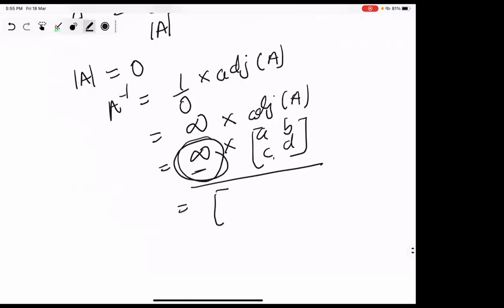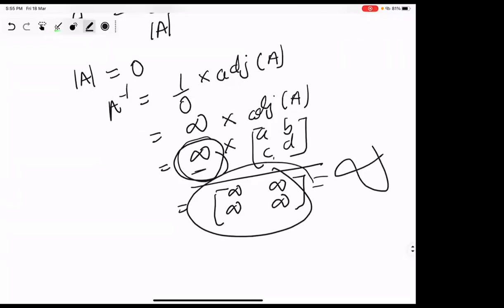So this is going to be undefined, undefined, undefined, undefined, which means that the whole matrix becomes undefined. If you have a matrix which is undefined, then that matrix does not exist. So if the determinant is 0, the inverse does not exist.